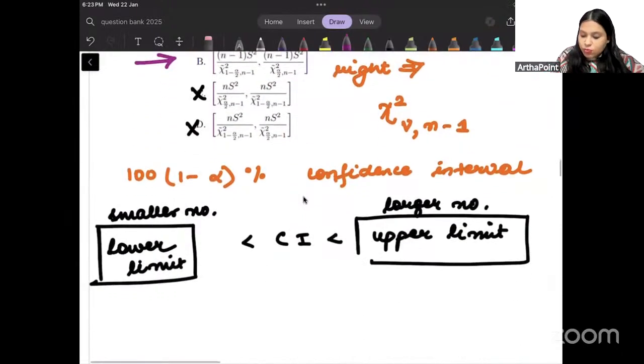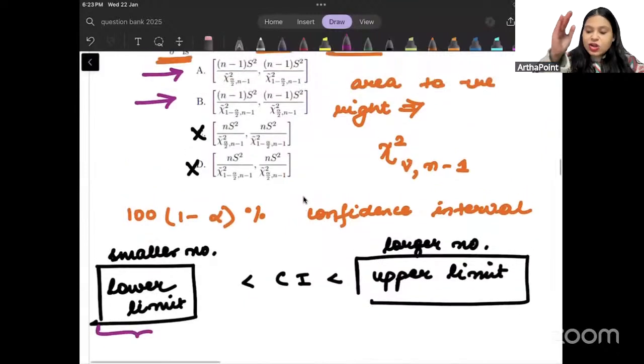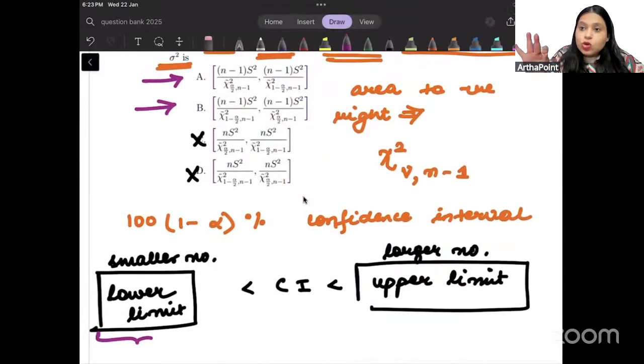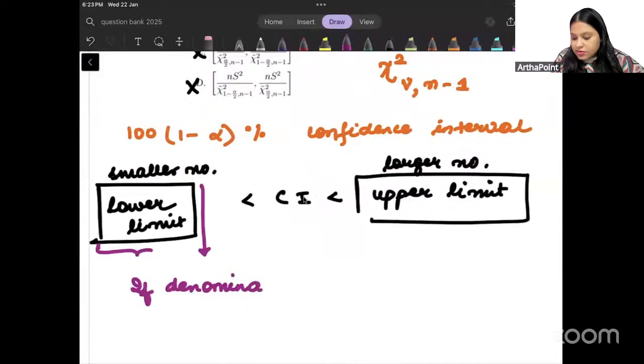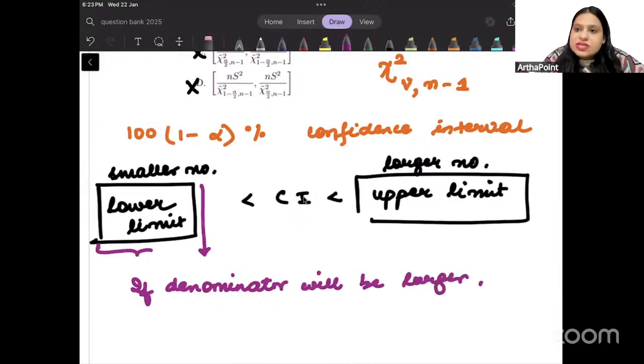Now, I want a small value, so the first value, before the comma, needs to be smaller. The value will be smaller if the denominator is larger. The more the denominator, the more it will bring the whole value down.